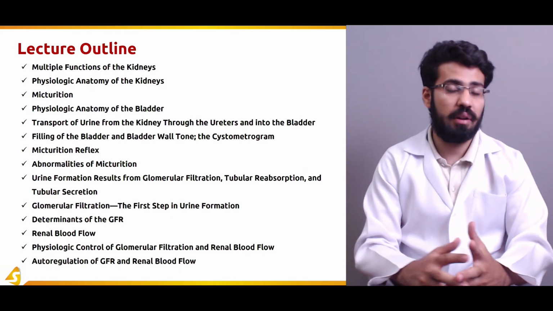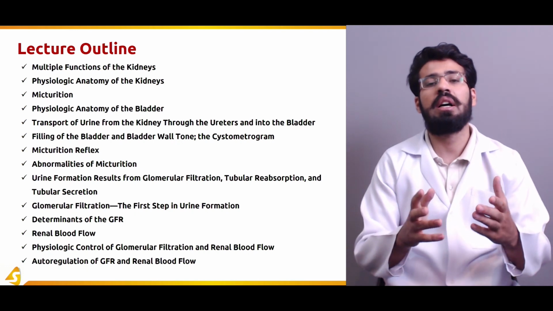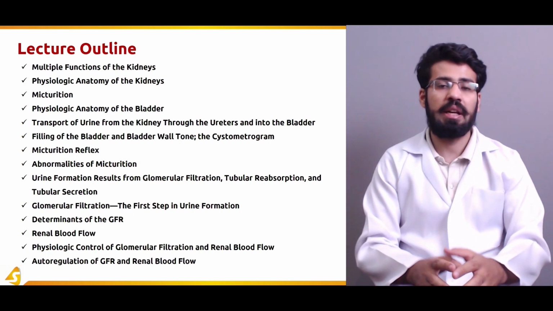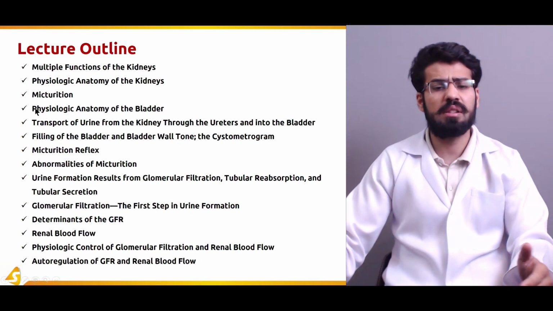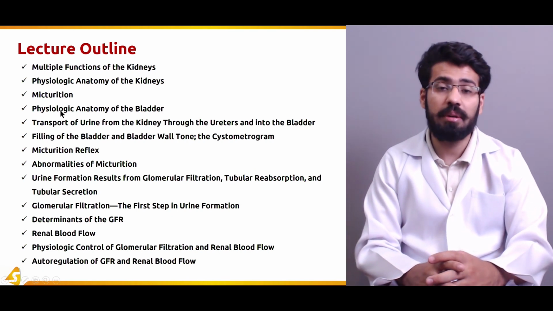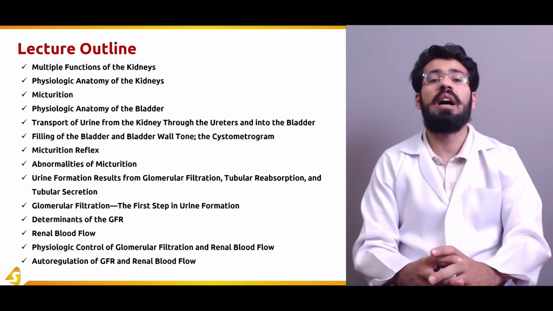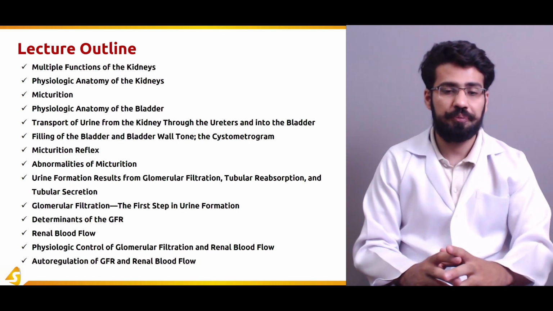We have discussed how many nephrons are present and how each collecting tubule can collect the urine from how many nephrons. We have discussed the micturition process. We have discussed the physiologic anatomy of the bladder along with the sympathetic and parasympathetic systems that control the bladder.